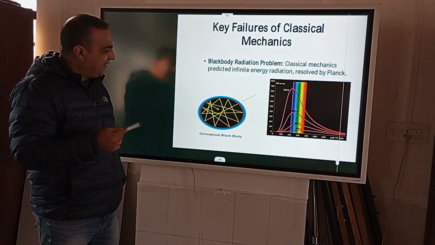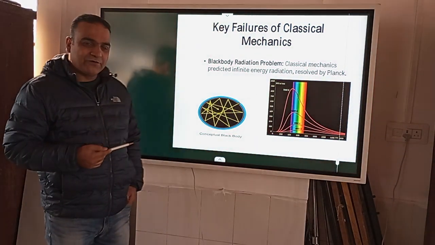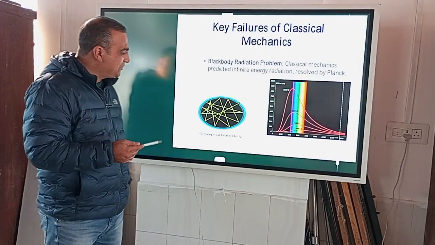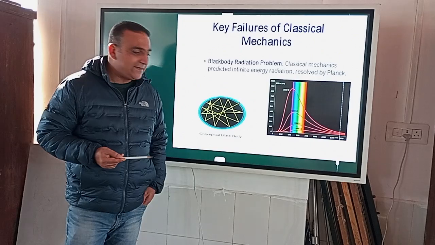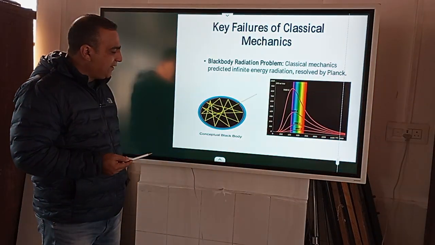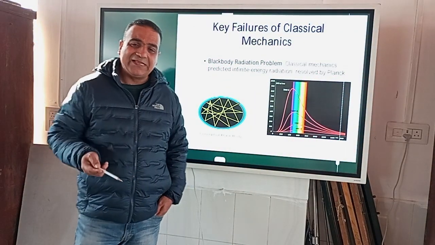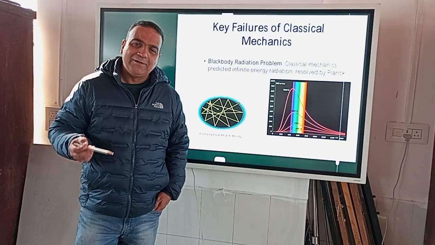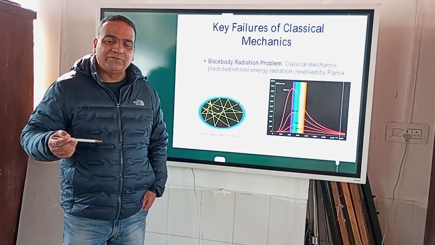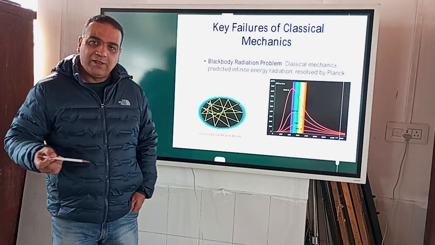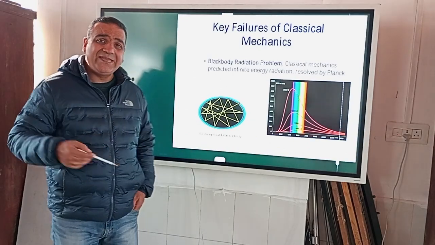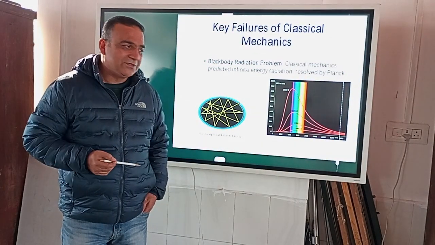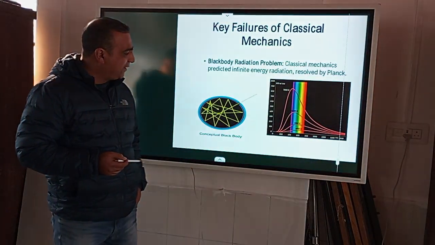Or, in reverse, if we have a body that emits all the radiations, that body can also be considered a black body. There is no ideal black body in nature. We don't have a black body that can absorb all frequencies, all wavelengths, but we can take some objects as a close approximation to the black body.